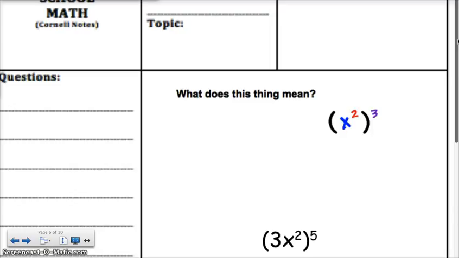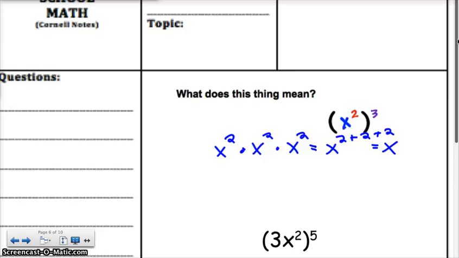This is saying x squared how many times? Well, x squared 3 times. So this says x squared times x squared times x squared, which is x to the 2 plus 2 plus 2, which is x to the 2, 4, 6.